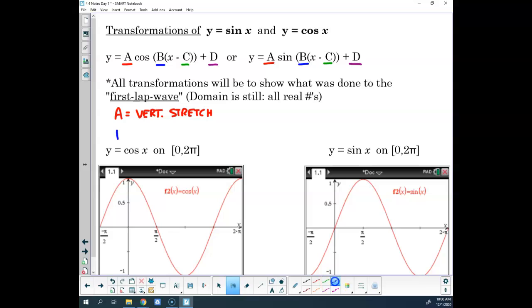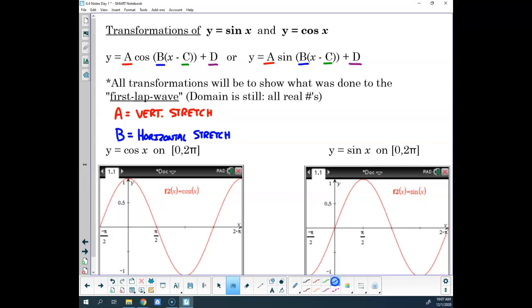Our B value, if you have a B value there, is going to be your horizontal stretch. It's like an accordion. It's either going to expand the accordion out or it's going to push the accordion together.